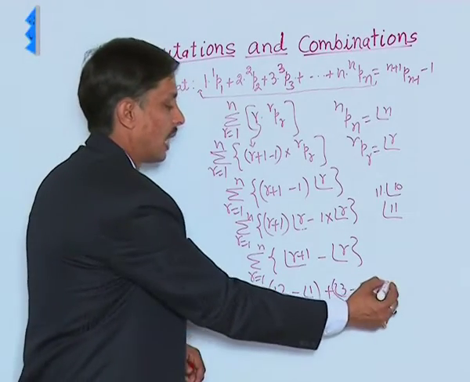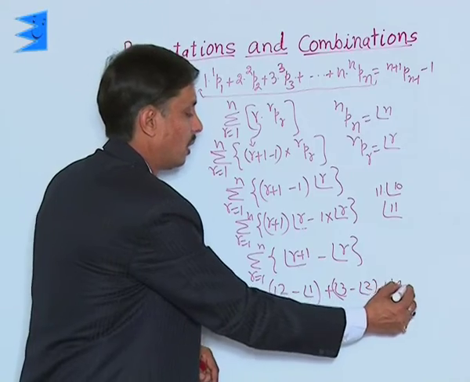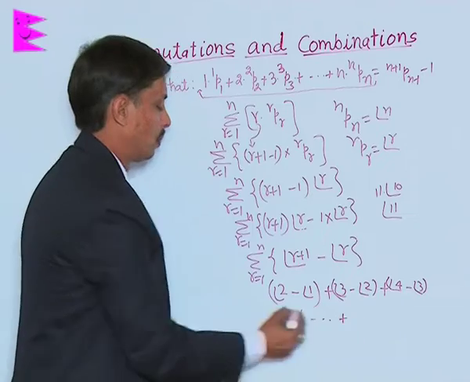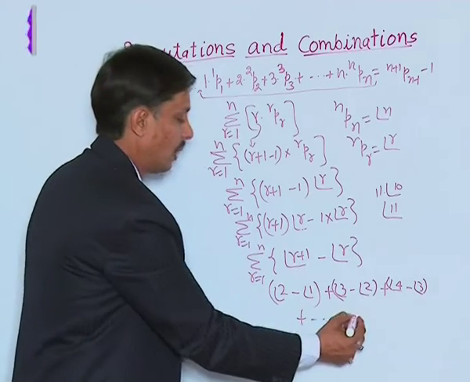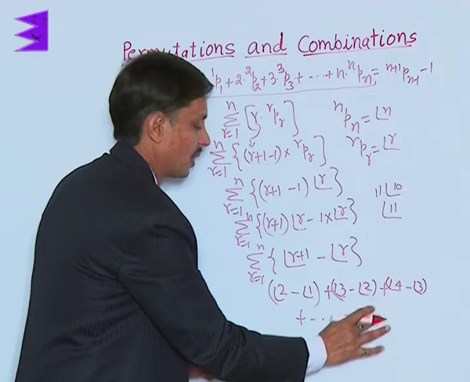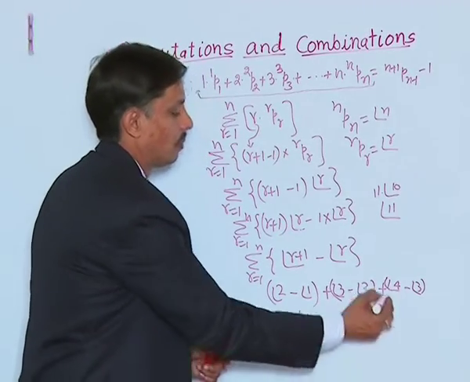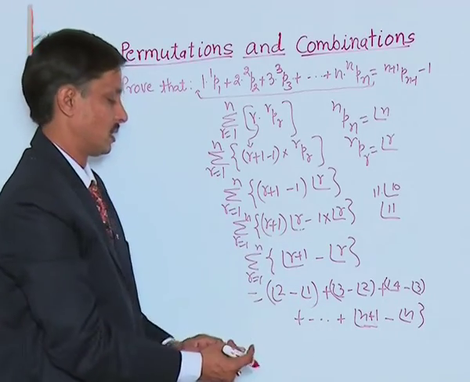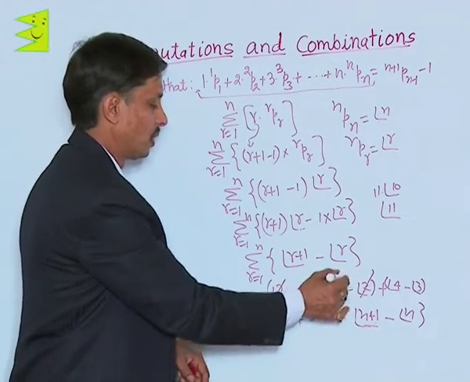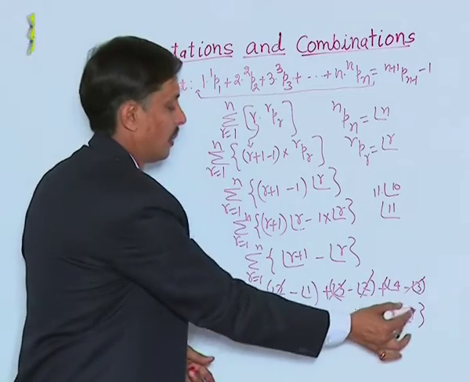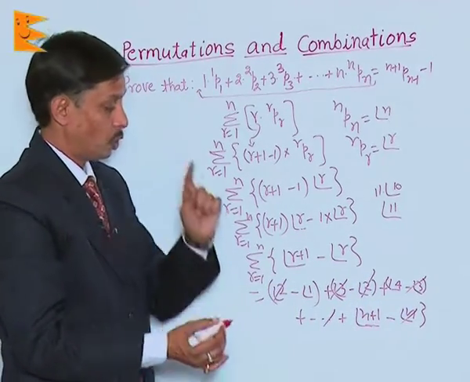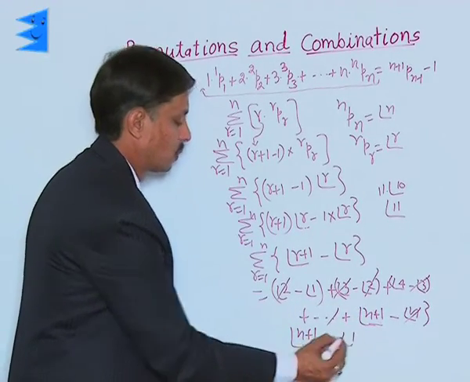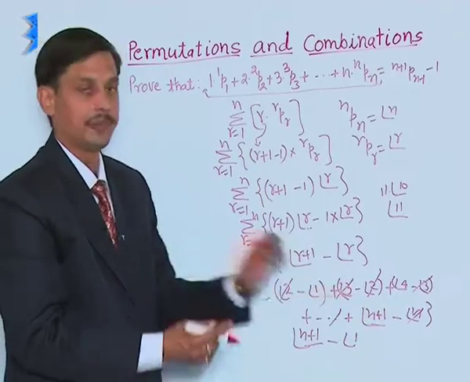If I put 3, I will get 4 factorial minus 3 factorial, plus dot dot dot plus, if I finally put n, it will be factorial (n plus 1) minus factorial n. After simplification, factorial 2 will be cancelled by this, 3 by this, 4 by this, and so on. You will be left with only factorial (n plus 1) minus factorial 1. Only these two values will be left.